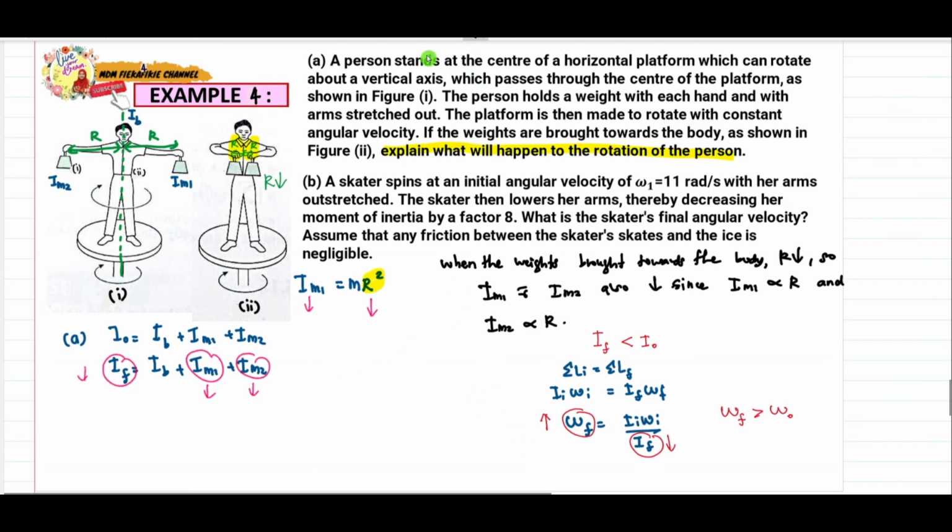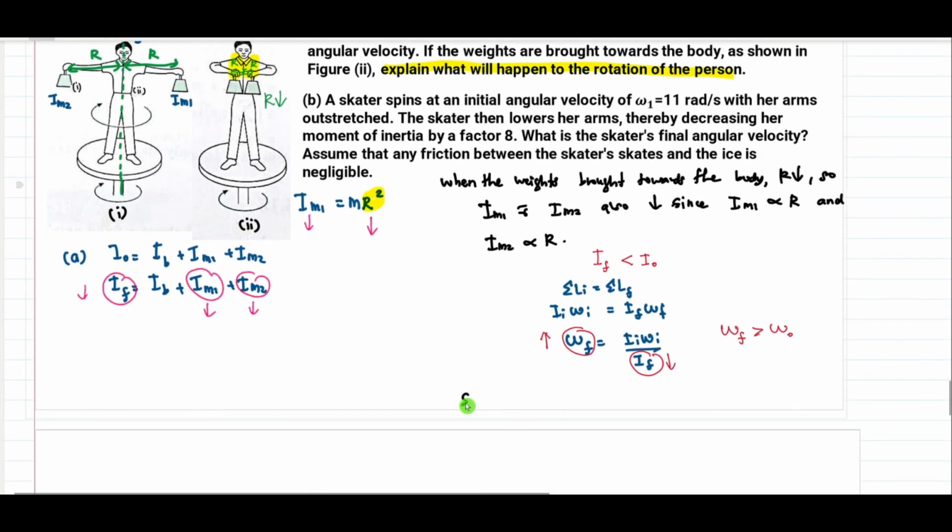So what can we write as the conclusion? Since I final is less than I initial, therefore omega final is bigger than omega initial.